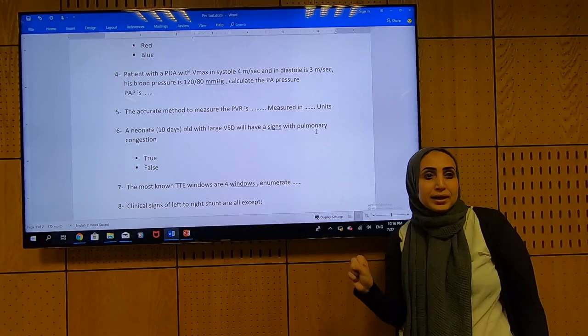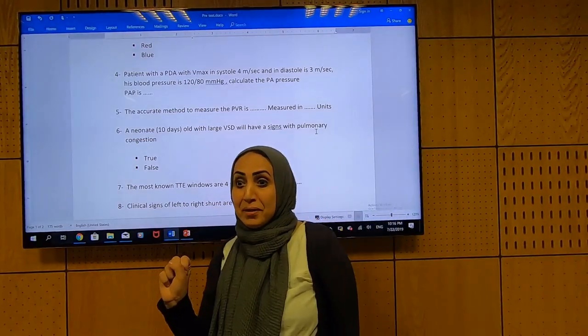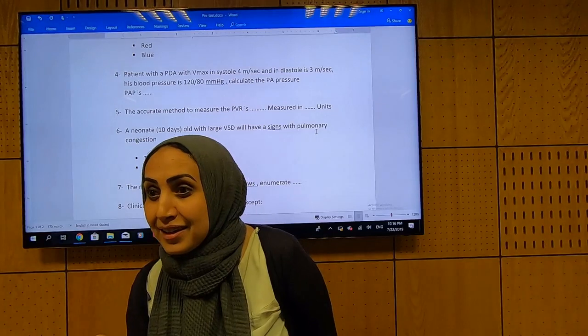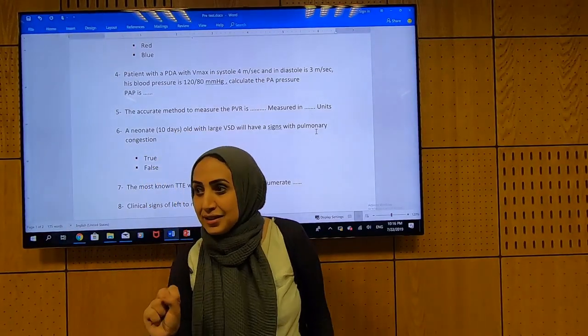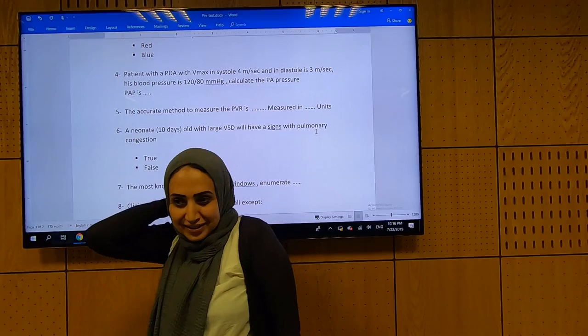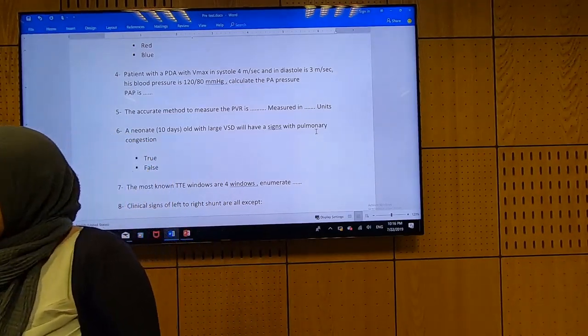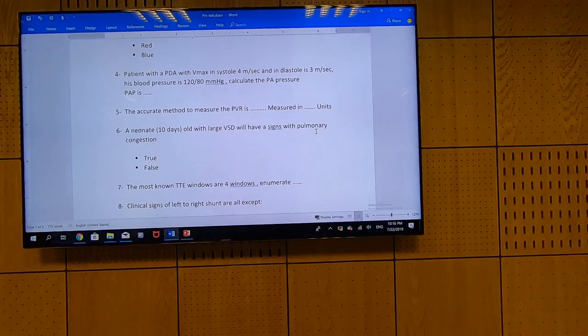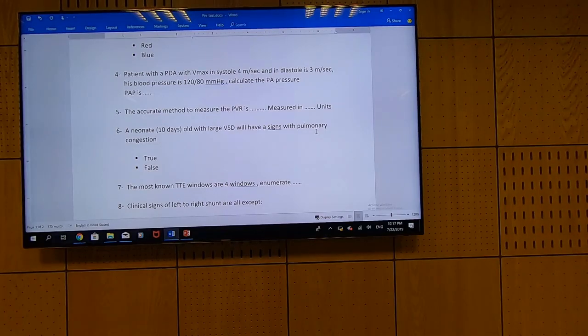Can anyone do it? 56. What did you do? By Bernoulli's equation, 4 squared, I calculated the maximum pressure across that PDA, which is 64, and then got the systolic blood pressure minus the maximum pressure across the PDA, which comes to 56.